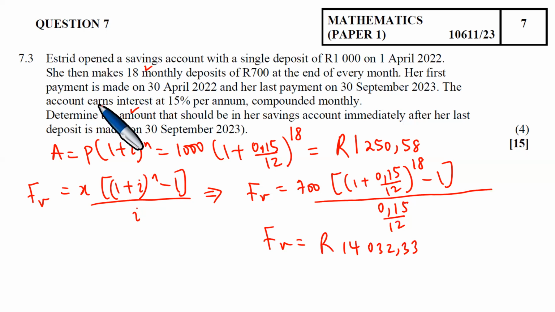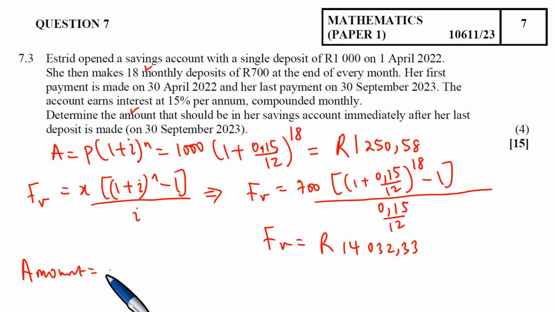The account earns interest that is compounded monthly. So this is the future value of the 700s. These 700s, after they've been deposited, will actually become 14,000. So once they become 14,000, what is the amount?